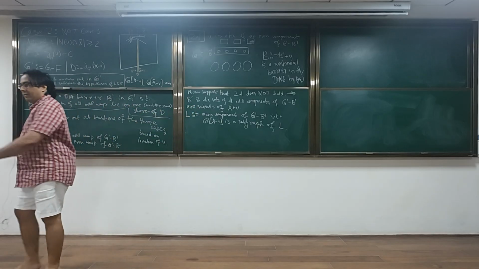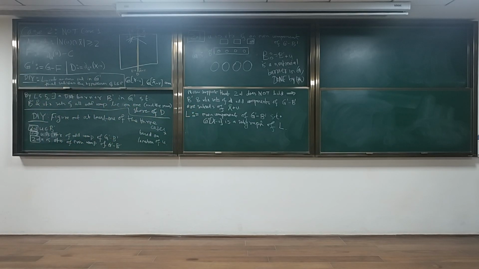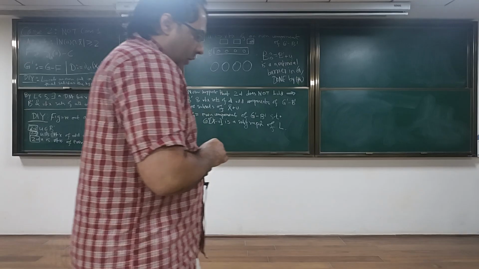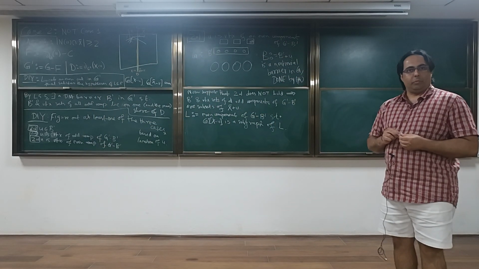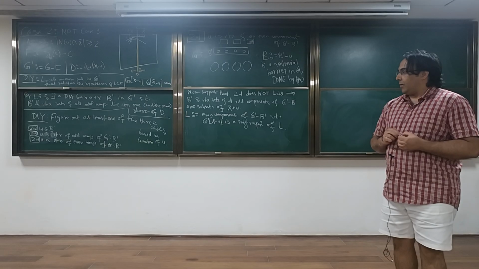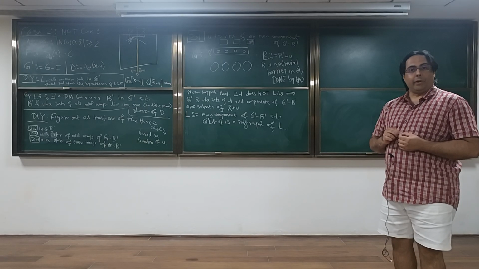There is an even component of G prime minus B prime, and the entire left hand side is a subgraph of that even component. Because it's a connected graph and B prime is entirely on the right side. Okay, this will help us in cases 2.2 and 2.3. So now let's proceed to 2.2.